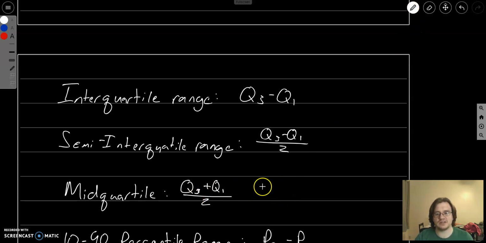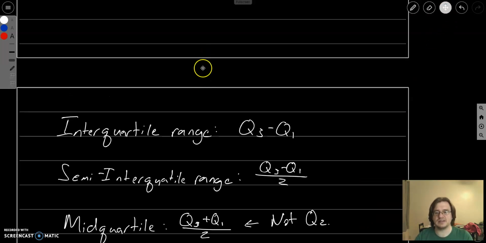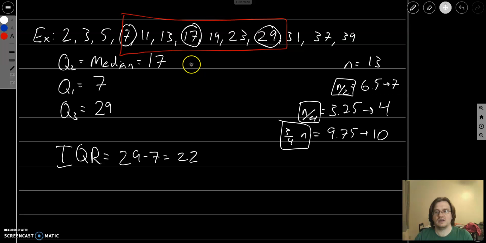And one thing that I want to stress, this is not Q2. This is not the median. And we can see this explicitly up here. So where 7 is the first quartile and 29 is the third quartile, the mid-quartile will be exactly halfway between 29 and 7.